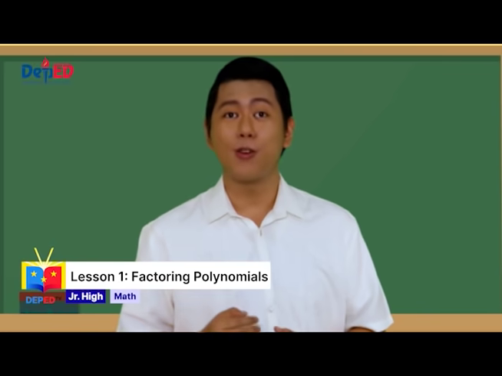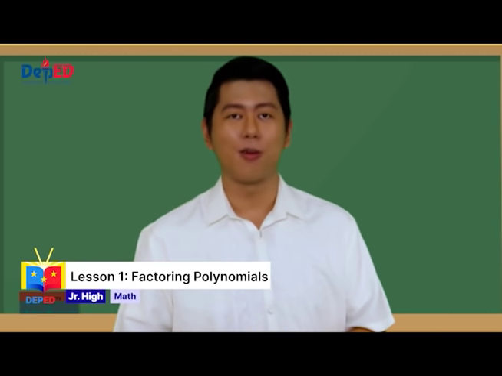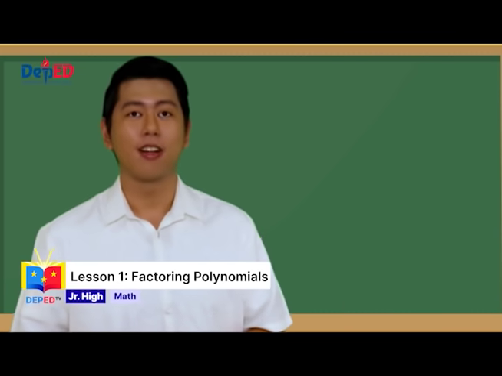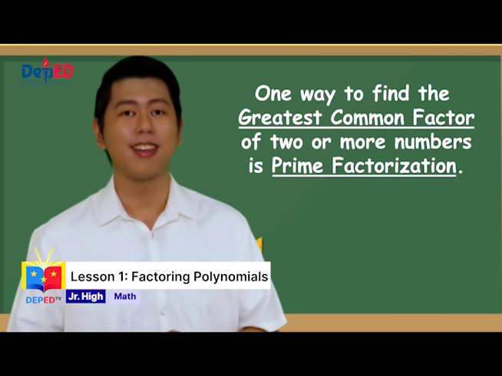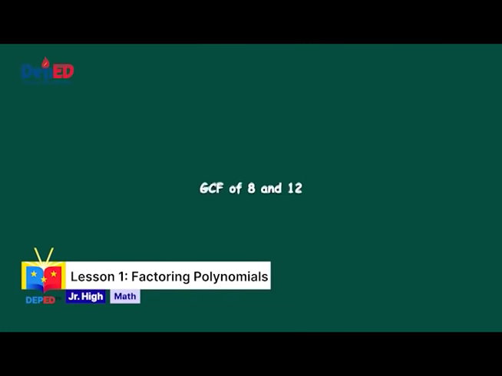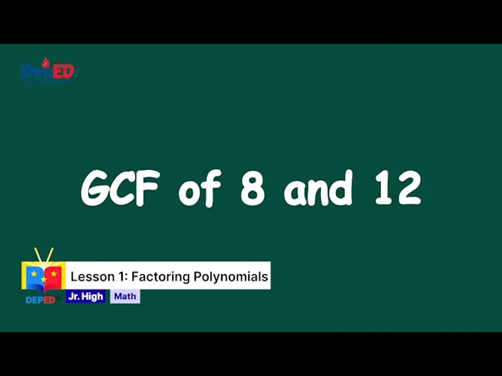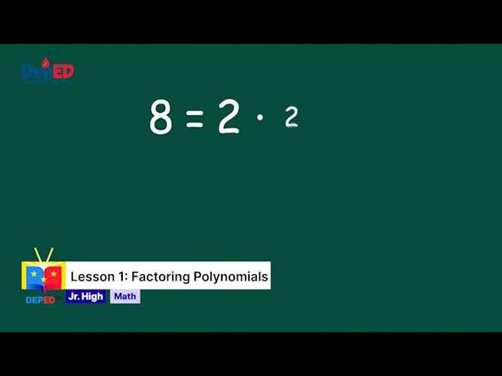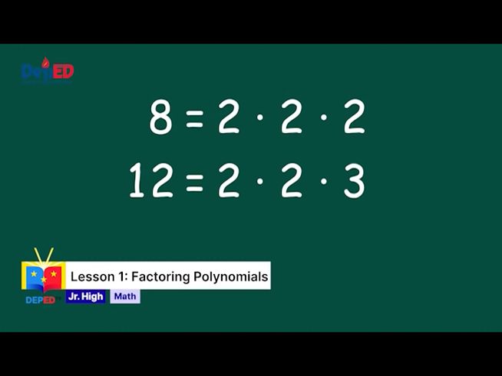Let us start with a review on how to get the greatest common factor. One way to find the greatest common factor of 2 or more numbers is prime factorization. Let us determine the greatest common factor of 8 and 12. First thing to do is write each number as a product of prime factors. 8 is equal to the product of 2 times 2 times 2, while 12 is equal to 2 times 2 times 3.